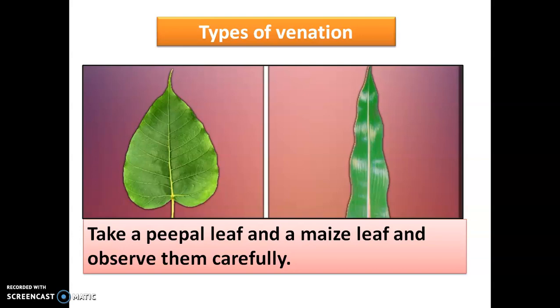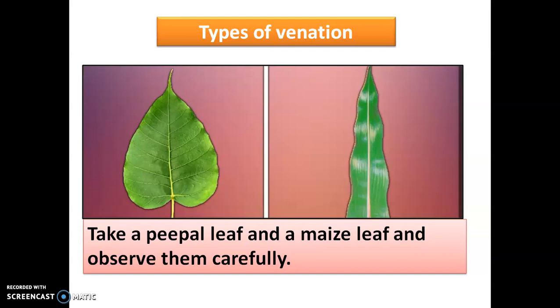Stem transports the water. Now how is this water or mineral taken to the leaf or various parts of the leaf? That is by means of venation. You can consider how we have a network of blood vessels in our body. A very similar structure plants or leaves have, and that is called venation. So let's see what venation is.